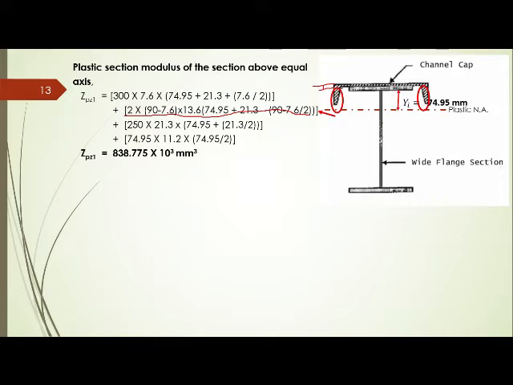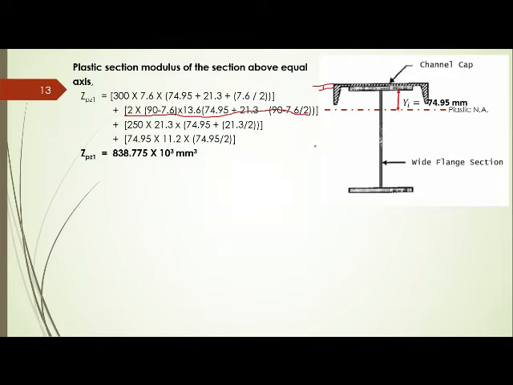Then we have to subtract the thickness of the channel, this portion, that is 90 minus 7.6, then divided by 2. So it is AY. Nextly, we have calculated this portion, the beam flange portion. It is 250 into 21.3, simple, and is 7.94 plus 21.3 divided by 2.